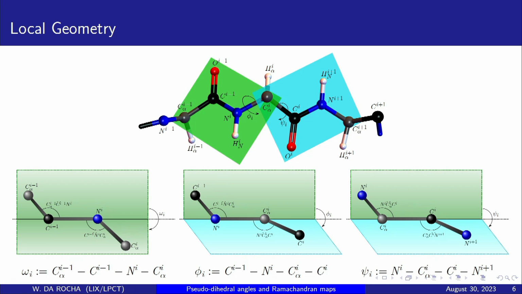Also here we can see these planar angles in the planes. Those angles are called bond angles. And we also call the distance between two atoms bonded by a covalent bond the bond length. This is the local geometry that I'm dealing with.